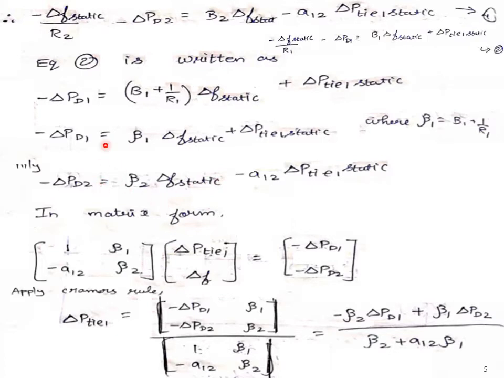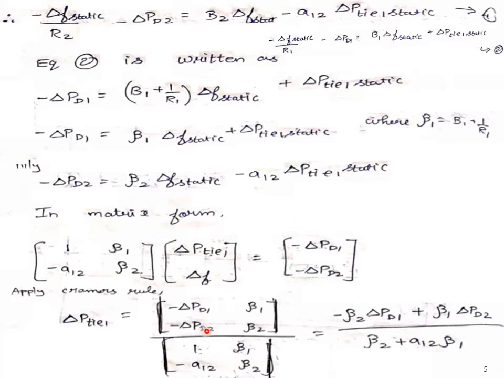When we write these two equations in matrix form, minus del PD1 equals 1 into del P tie line 1 plus beta 1 into del f, right? So your expression will come like this. Next, by applying Cramer's rule, we are able to find the values of del P tie line 1 and del f static.